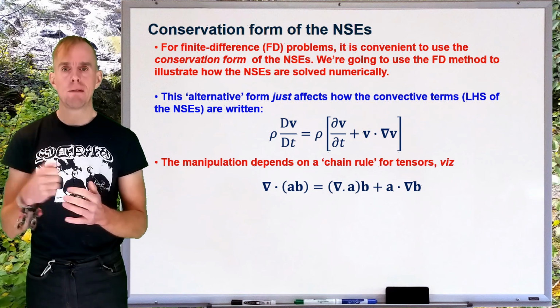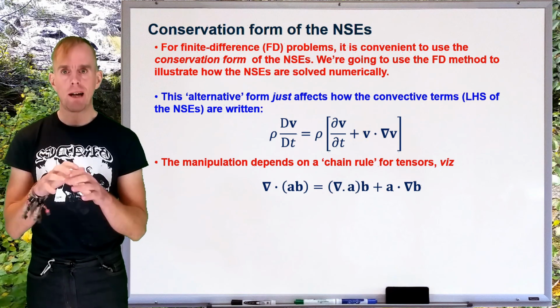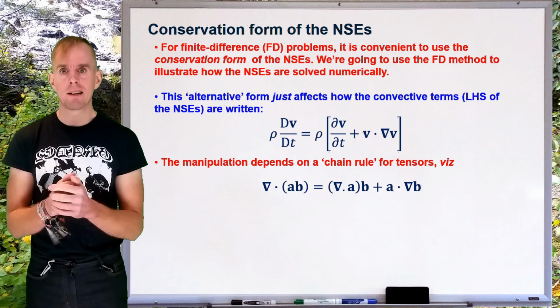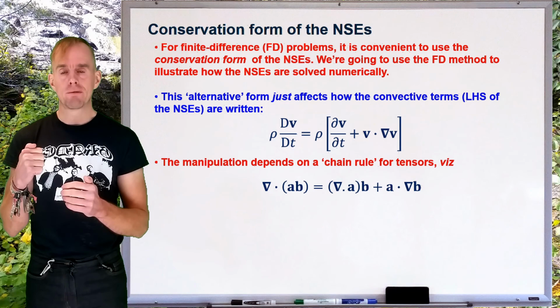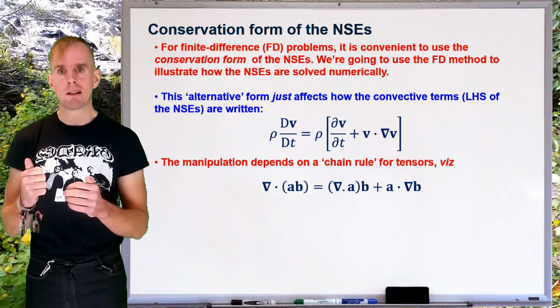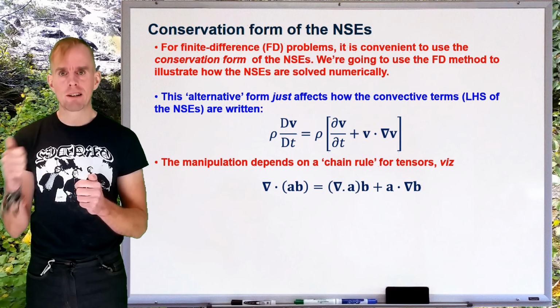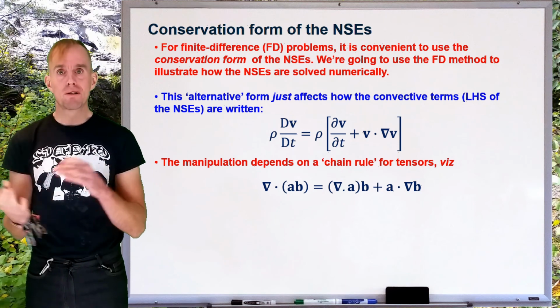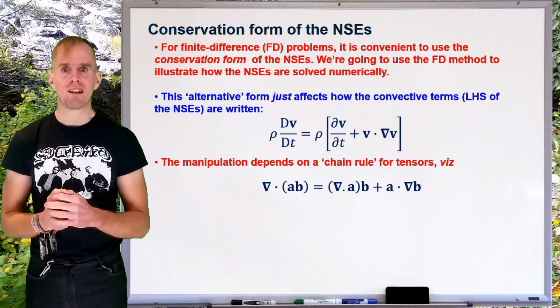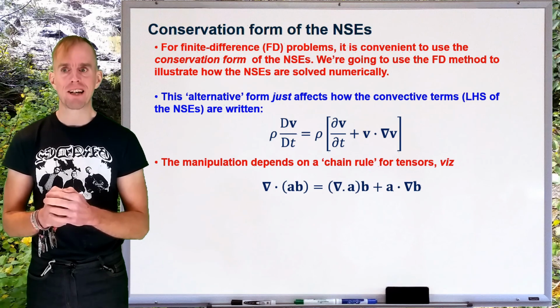Grad dot AB gives us a vector. AB, when multiplied together, gives us a second rank tensor. Grad in this case is a vector, d by dx, d by dy, d by dz. So vector dot tensor equals vector. So we need to put dots in the right place on the right hand side to make sure that we do end up with vectors.